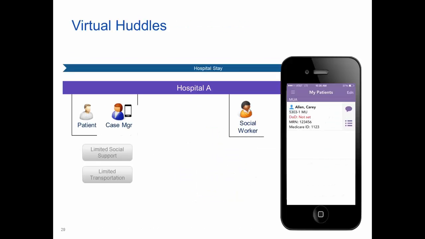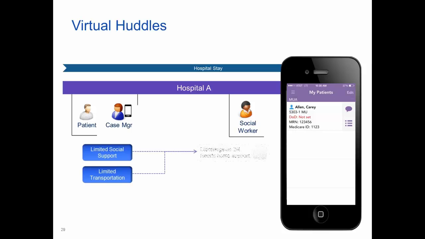Next slide, please. A couple of use cases that will show you how, once this network is in place and the process and people are now connected, patient care can be impacted in real time. What you see here is a situation where a patient, perhaps an ACO patient, is in the hospital.